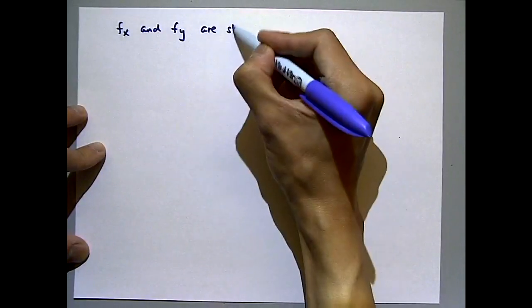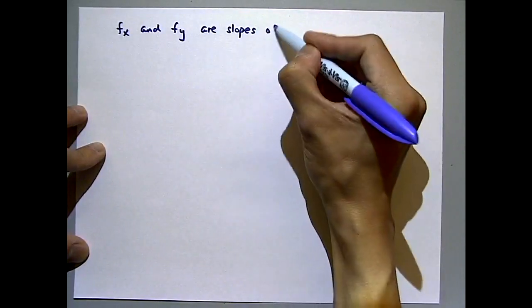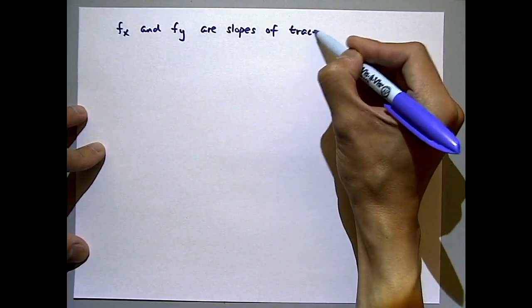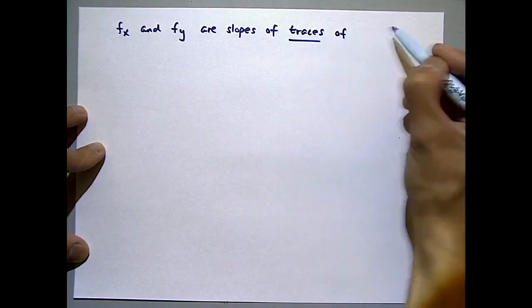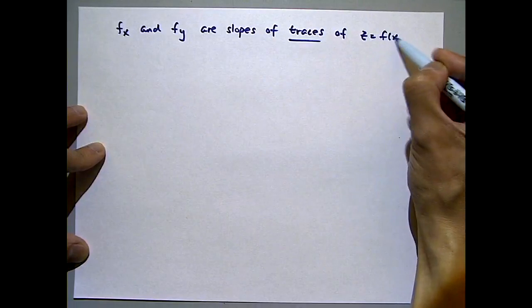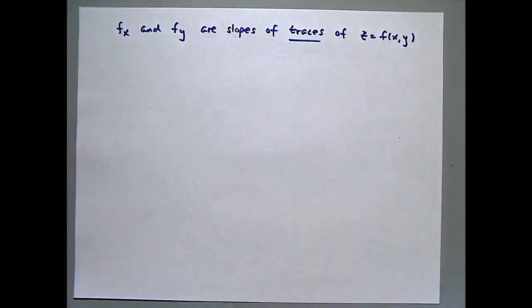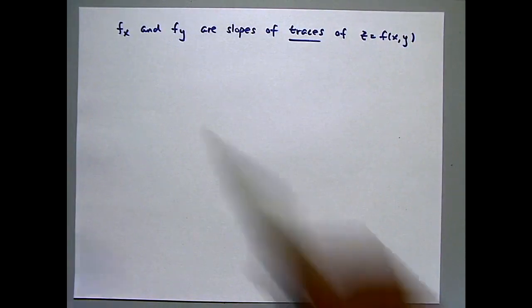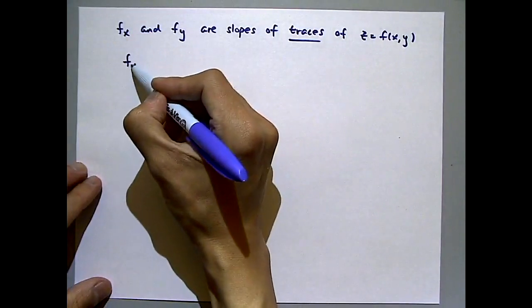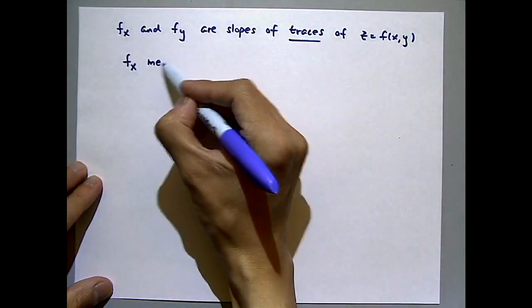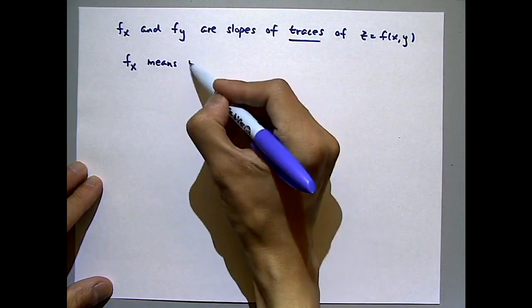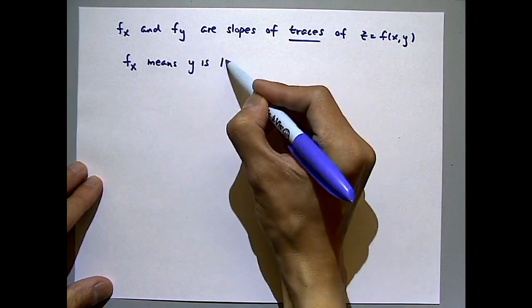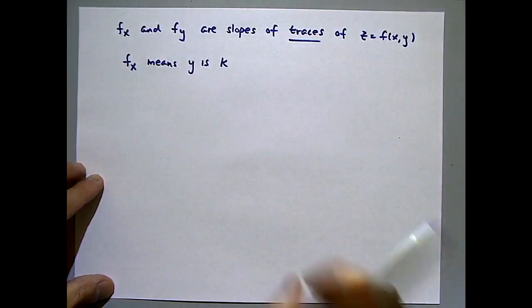f_x and f_y are slopes of traces of the function z equals f of x, y. So for example, when you have f_x, f sub x means y is constant, say some k.